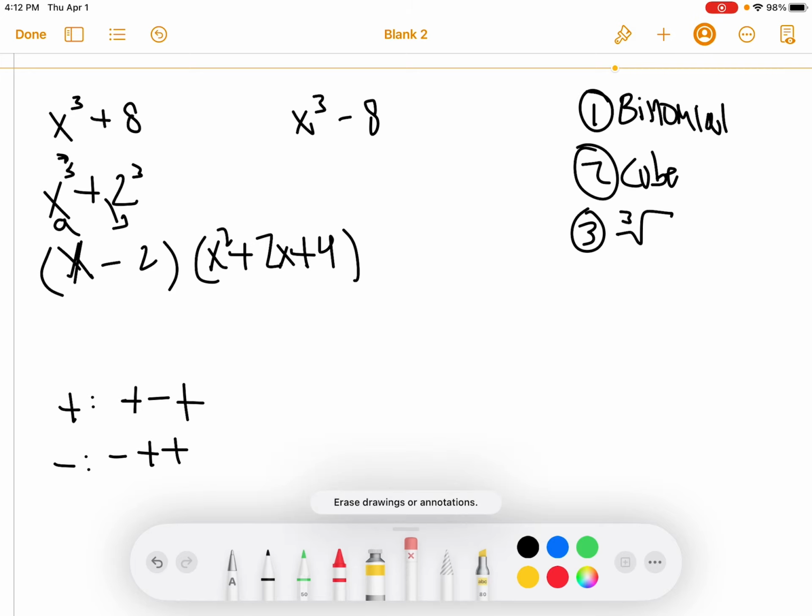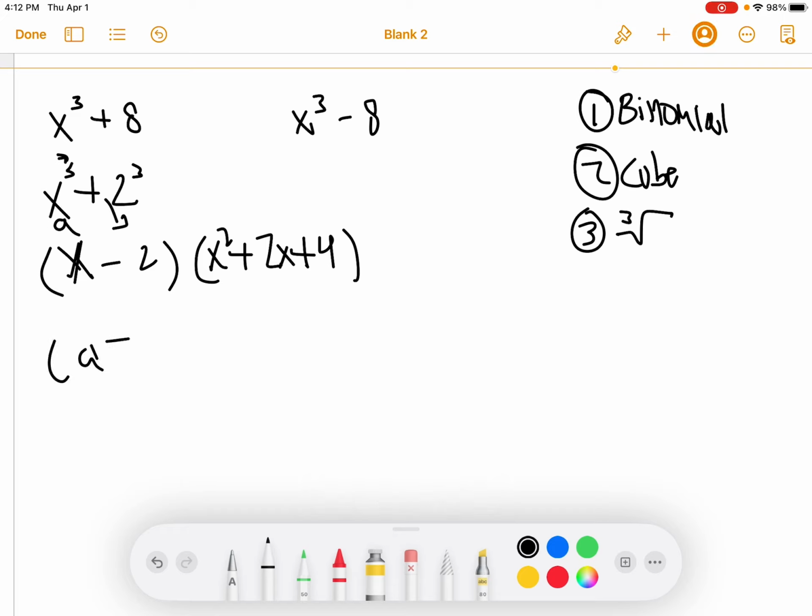But you need to also remember where you put what's called A and B. You pretty much just do this. A plus or minus B, that depends on the sign, like I already said.